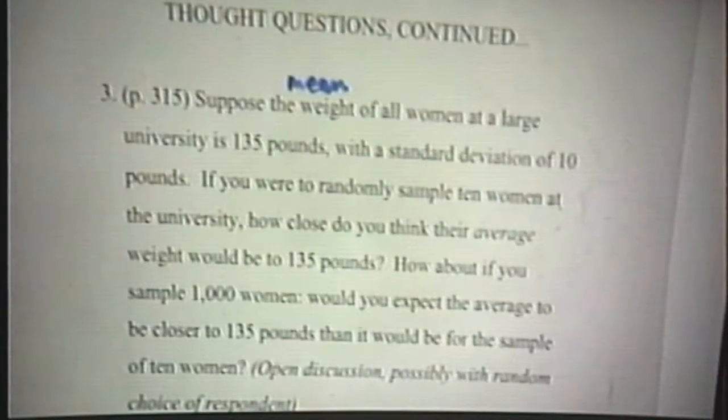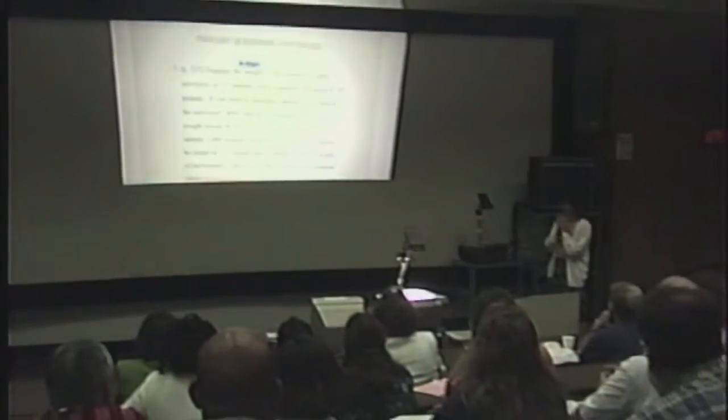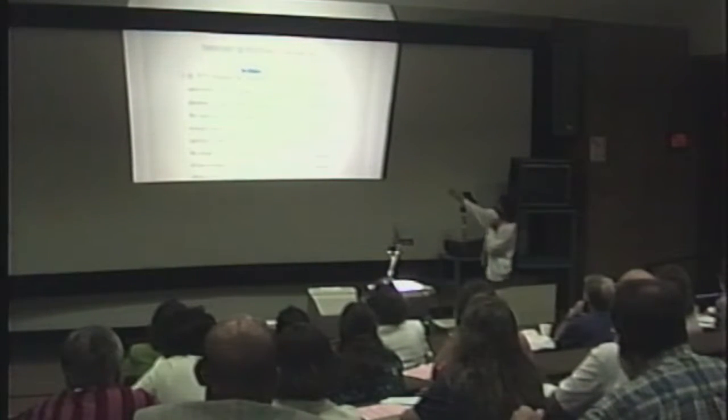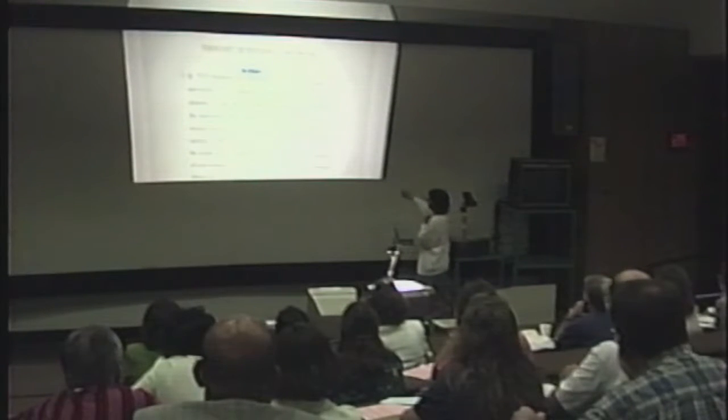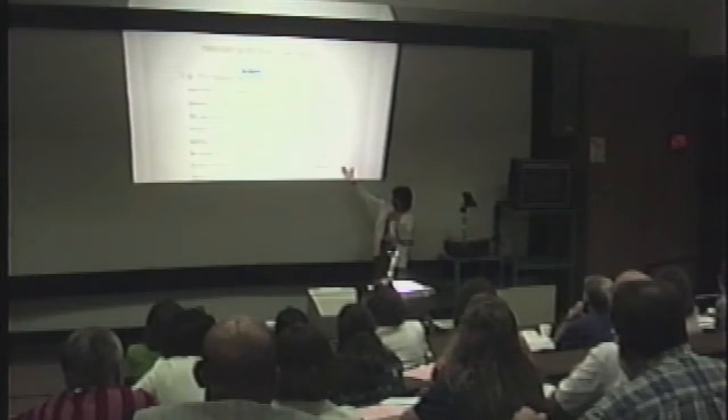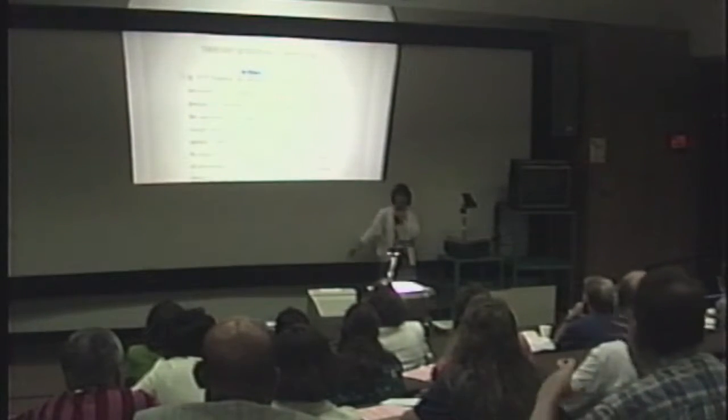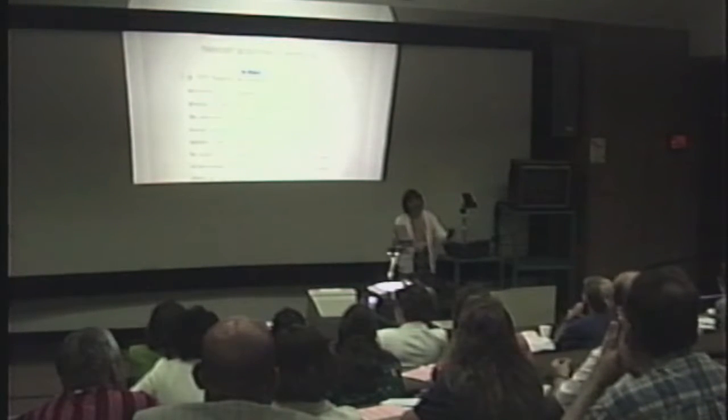Where are you sampling? At the university. Random sample at the university. Answer the last part. Would you expect the average to be closer to 135 pounds for the sample of 1,000 or for the sample of 10? 1,000. Okay. So then I would take that and I would start.